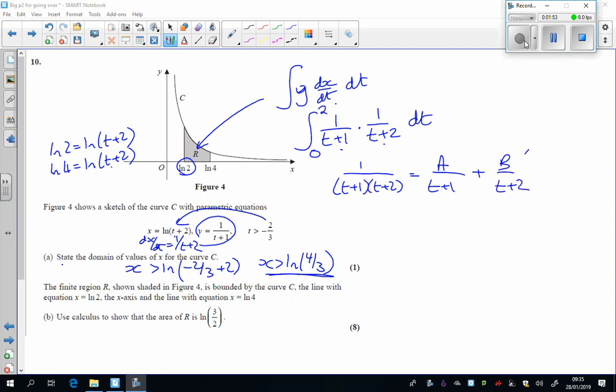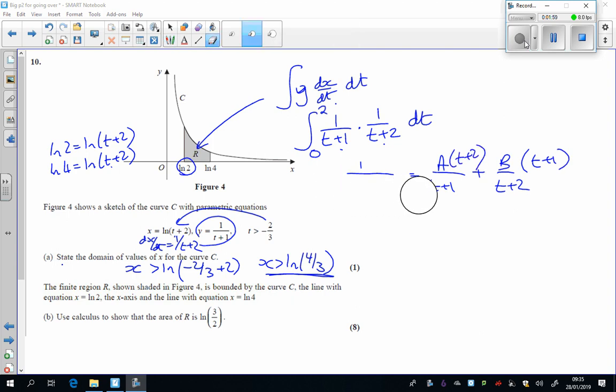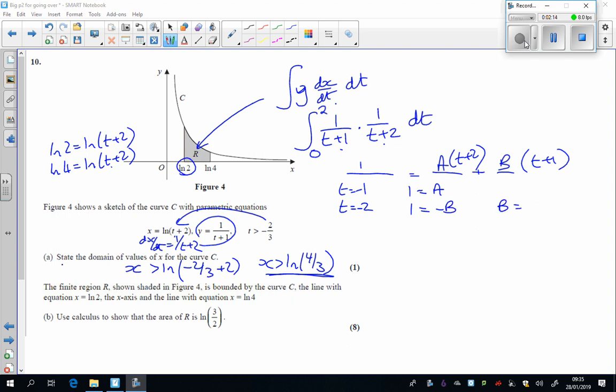So multiplying up here, then what we're trying to do is trying to find out when this bit here is equal to 1. So when t is equal to minus 1, you then get a equals 1. And when t is equal to minus 2, you get minus b equals 1. So b equals minus 1 here.